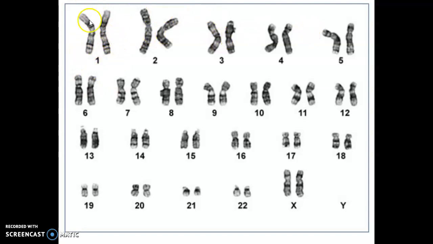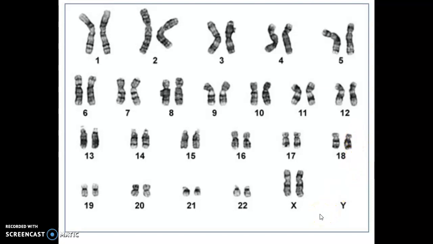You can see different chromosomes are different sizes. Some of the chromosomes are very short and don't have as many of these little dark bands, which are usually genes that code for a particular protein. Some of the chromosomes are much longer, and then there are X chromosomes and Y chromosomes, and we'll talk about those in a little bit. But this is a karyotype.